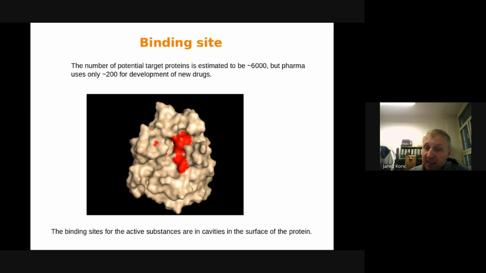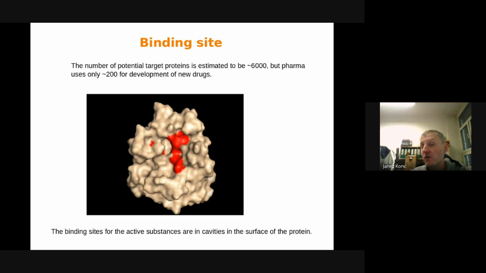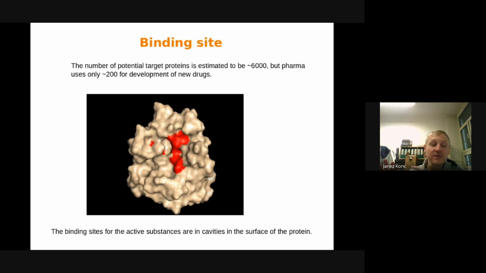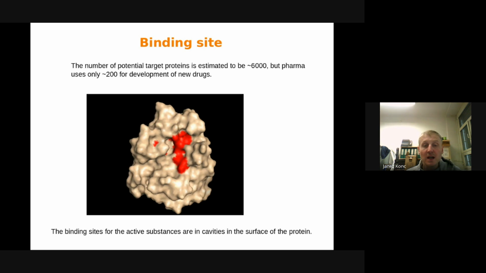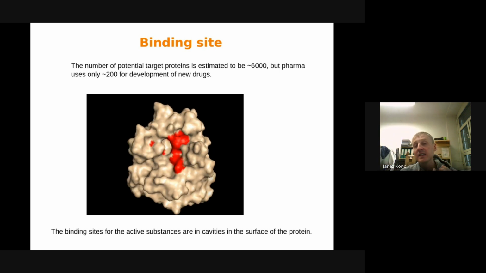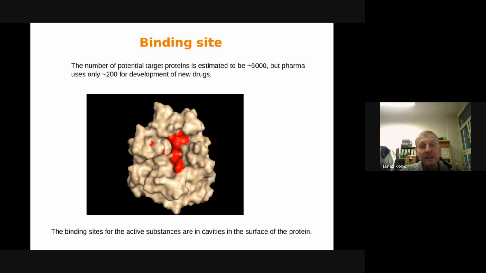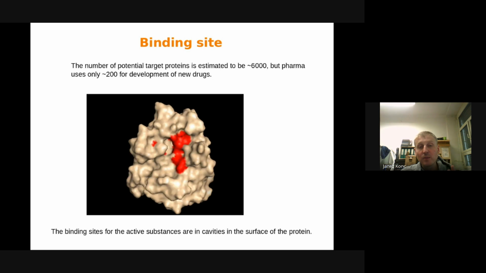A binding site on a protein structure, if it's for a small molecule or an ion, is usually hidden beneath the protein surface. It's usually within a cavity in a protein. Here you can see a little cavity on this protein.